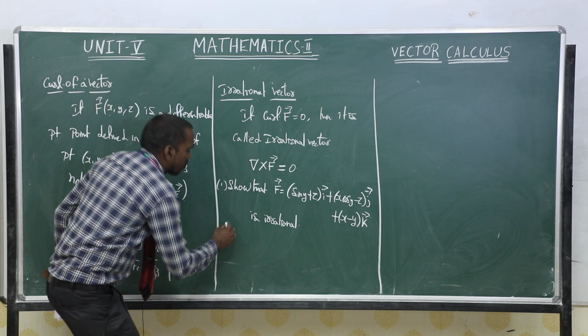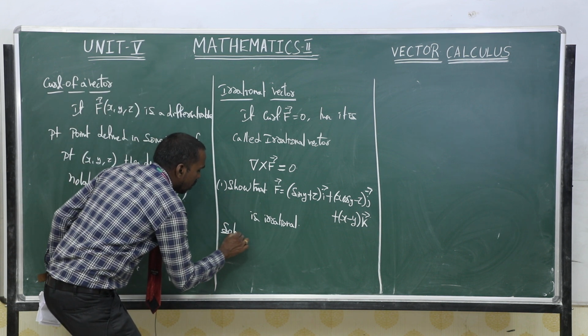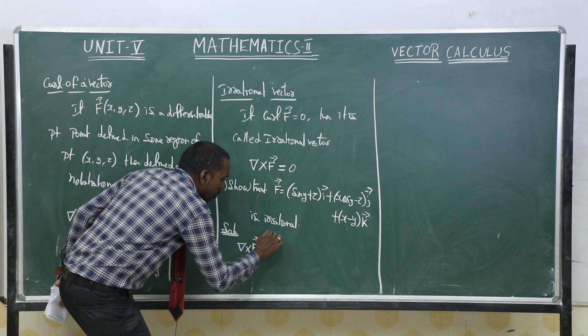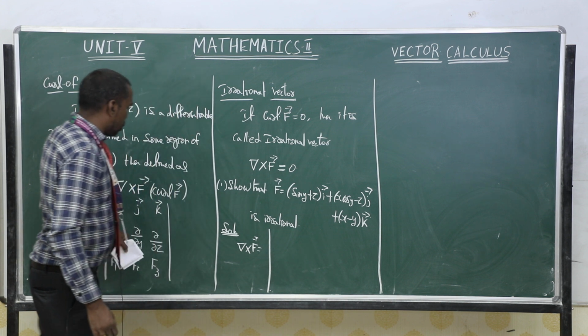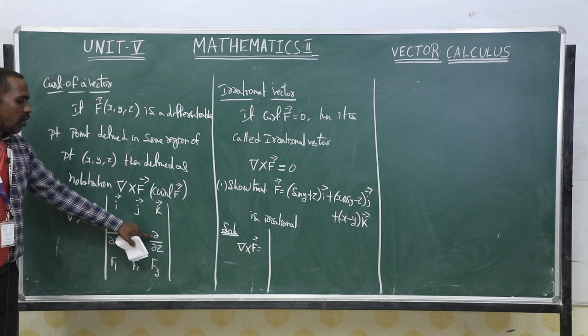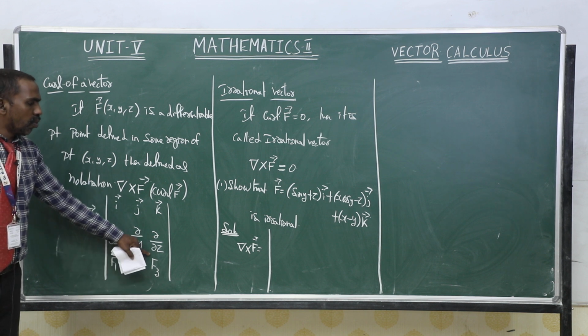Just find it out now. What is the formula for del cross F vector? The determinant with i, j, k; dou by dou x, dou by dou y, dou by dou z; and F1, F2, F3.